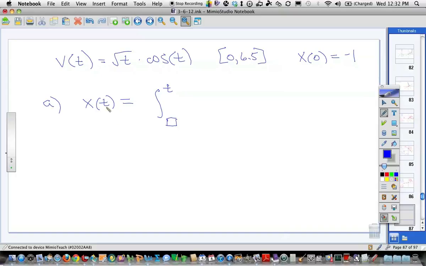This variable, the input, has to match that. Now, what would go inside here then? Something other than t, right? It has to be this function, but it can't be in terms of t. So you could just write v of x dx, or you could write square root of x times cosine of x dx.